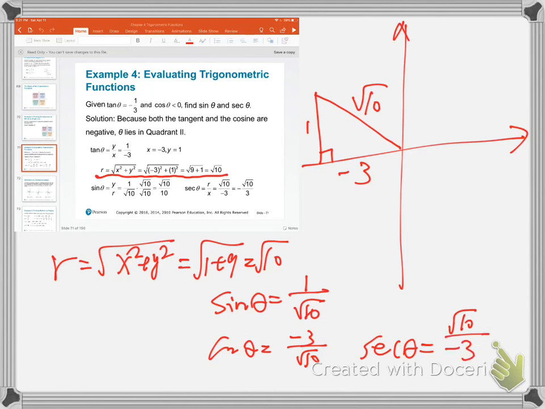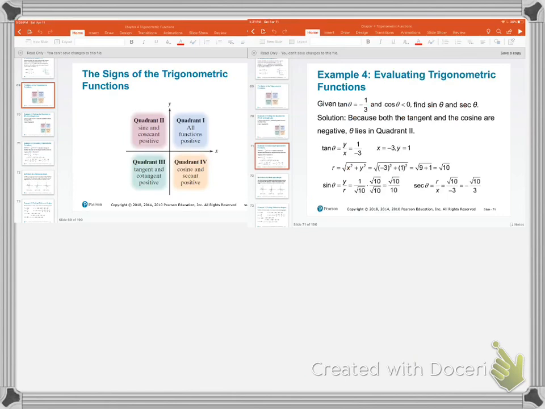Okay, so the important part is this picture. If you draw the picture, you know the answer. So you need to know this quadrant. In Math 6, they give you a table like this, which tells you the sign of the 6 trig functions. In quadrant 1, they are all positive.